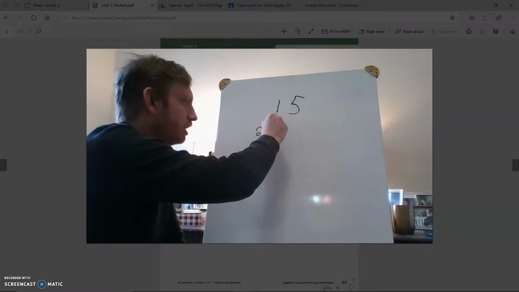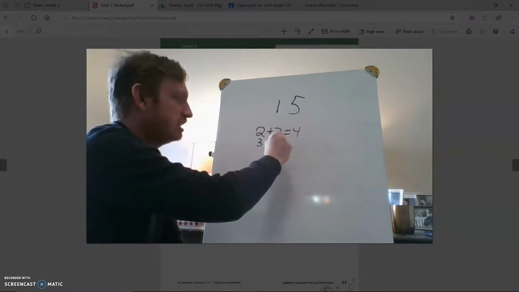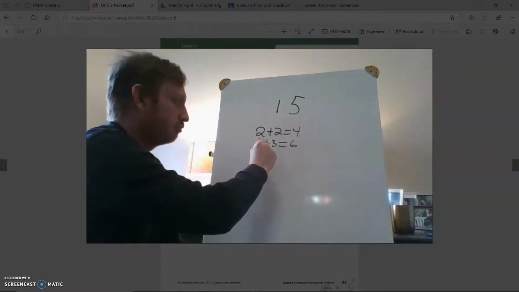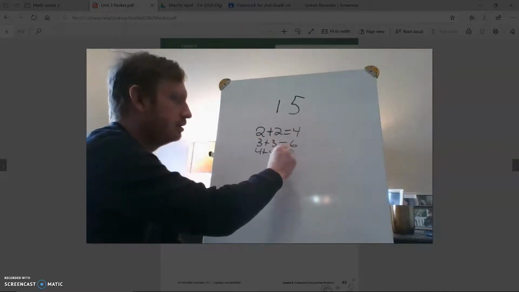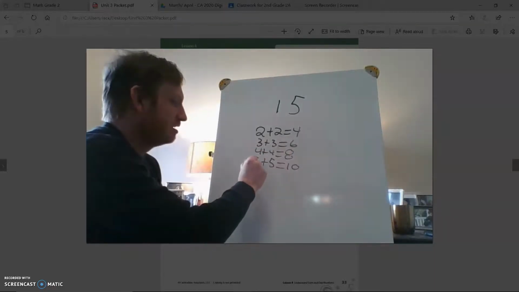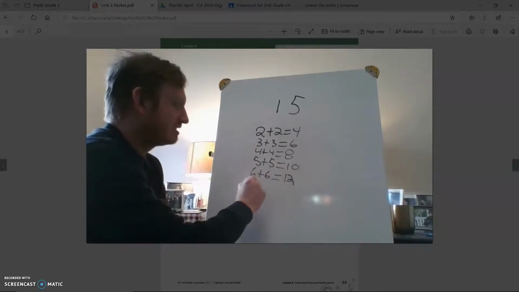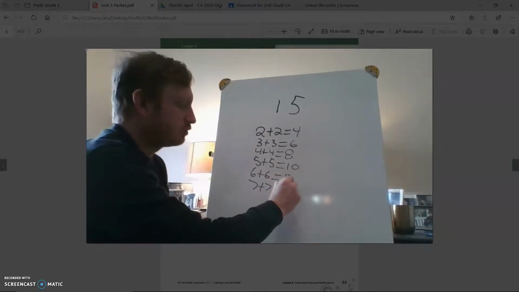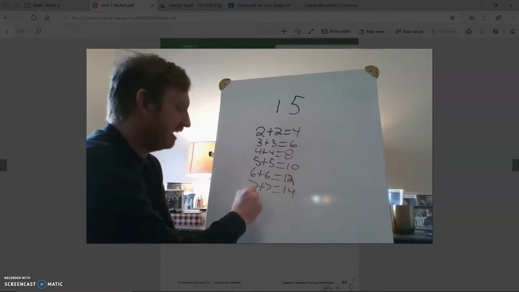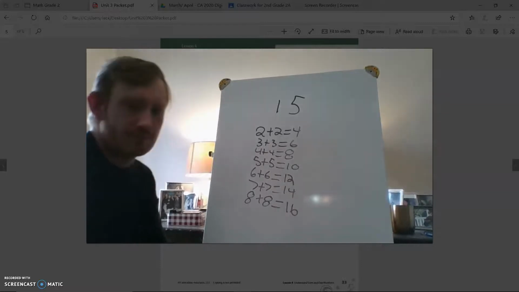We have 2 plus 2 equals 4. 3 plus 3 equals 6. 4 plus 4 equals 8. 5 plus 5 equals 10. 6 plus 6 equals 12. 7 plus 7 equals 14. And 8 plus 8 equals 16.